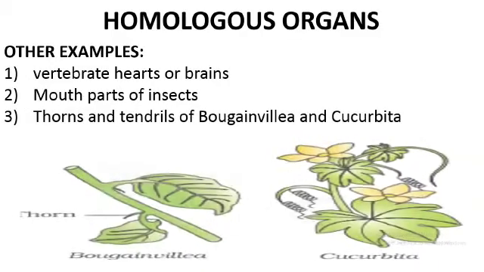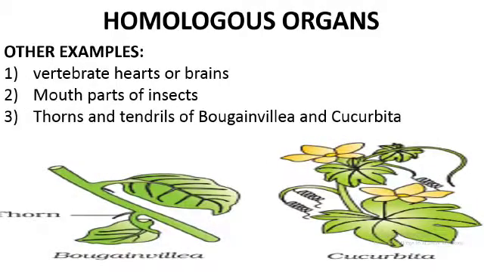Likewise, we have got examples of homologous organs in plants, that is thorns and tendrils of bougainvillea and cucurbita. You can see thorn in case of bougainvillea, it arises from axillary bud. Likewise, you see tendrils in cucurbita, that is pumpkin plant, bottle gourd plant or any other cucurbitaceae members. This also arises from the axillary bud.